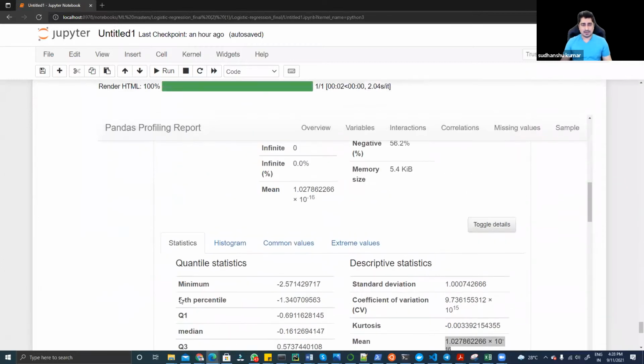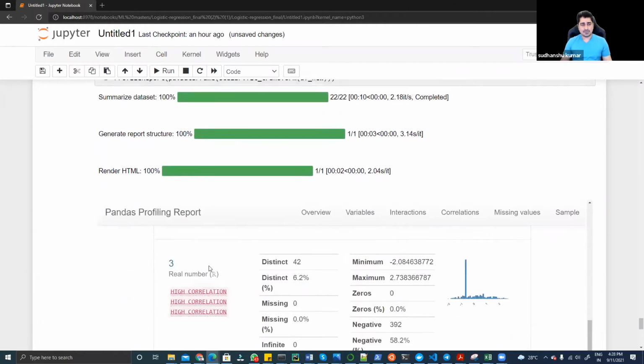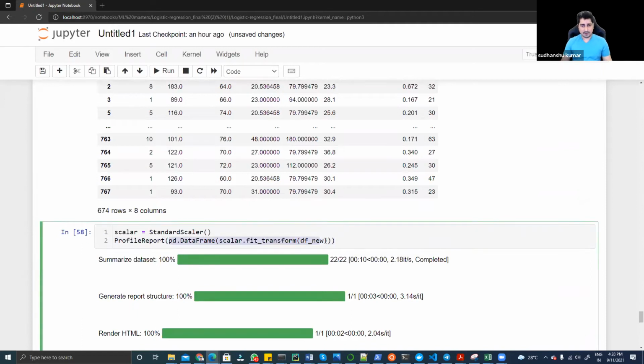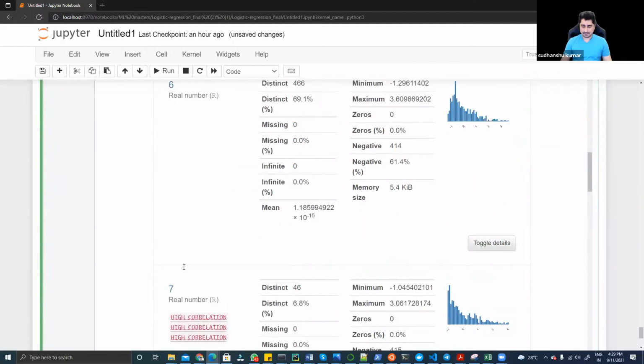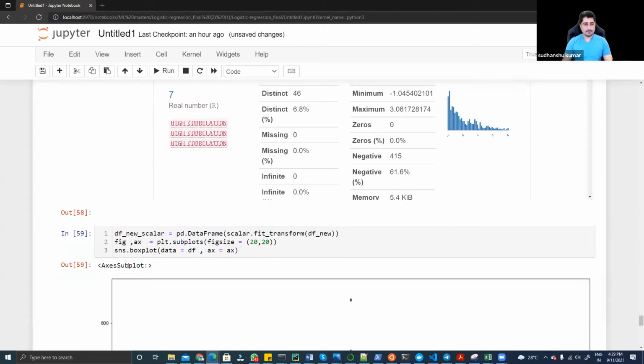So I can take the previous code, this one, and I can take this data frame and plot. Like I said, it's an experimental fact. So df new scaled, right? Okay.